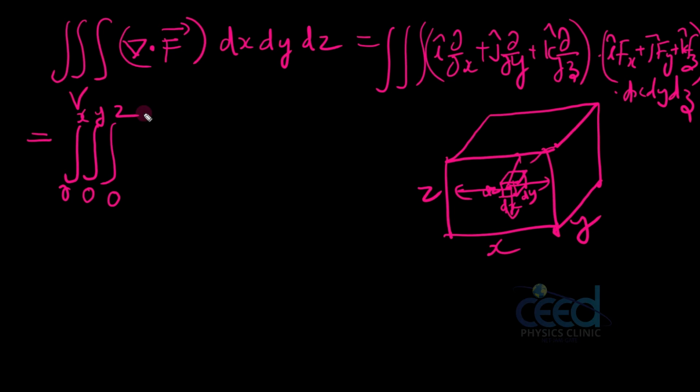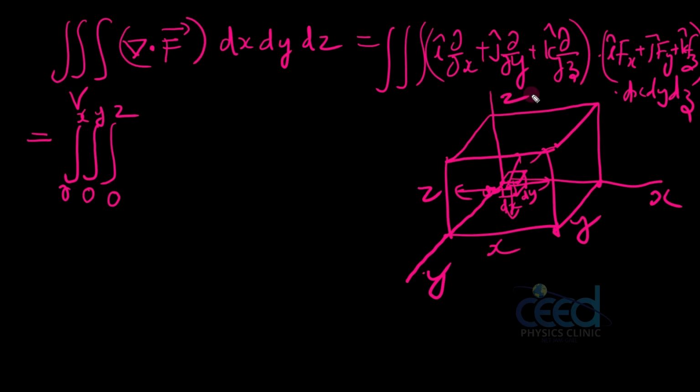So x, y, z can take these values if you consider the cube at the origin. If you consider this small cube at the origin, then this is your y axis, this is your x axis, and this is your z axis.